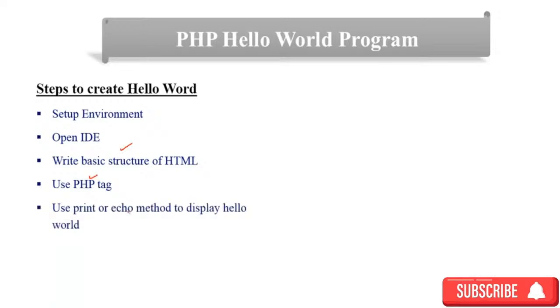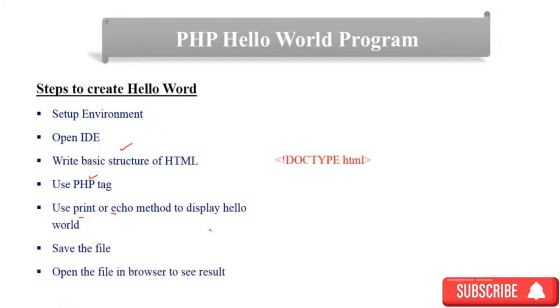And then use the print or echo method. There are two methods, echo and print, that are used to output a result to the user. There is a difference between print and echo, and I will also discuss that difference, used to display hello world. Save the file, and open the file in the browser to see the result.